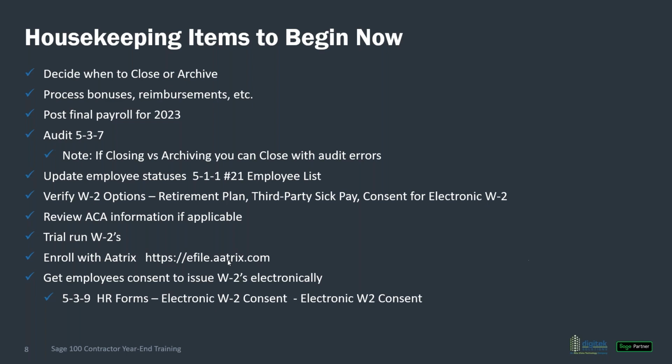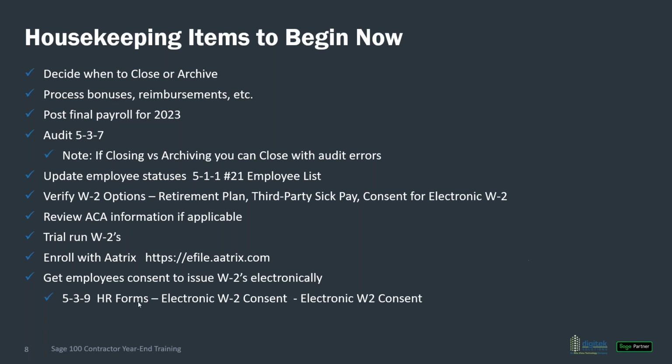It takes that burden off you of having to manually get the forms, print the forms, and mail the forms. This can all be done electronically for you. If an employee decides they want an electronic W-2, it will send that to them electronically. But if they don't want it electronically and still want to receive a paper W-2, Atrux will also mail that paper form to the employee.